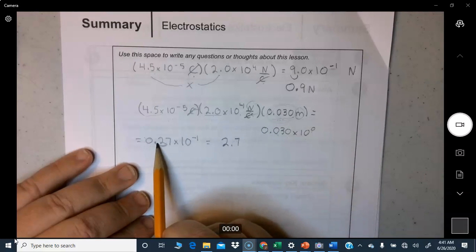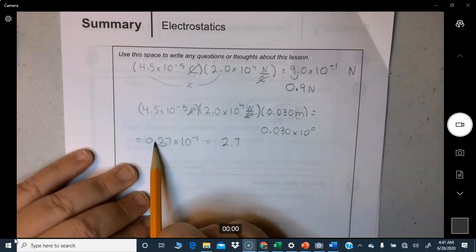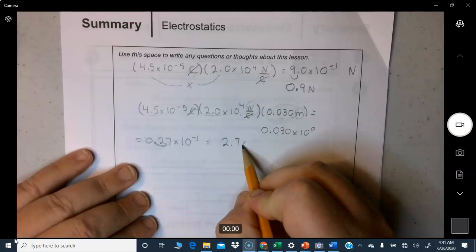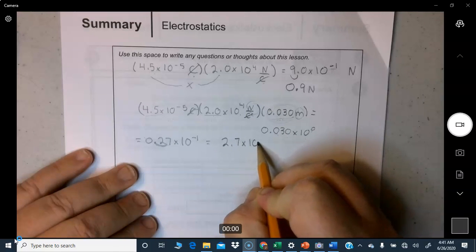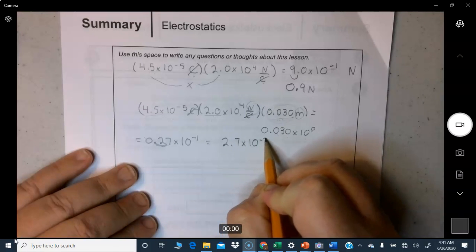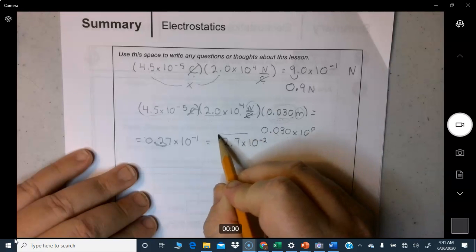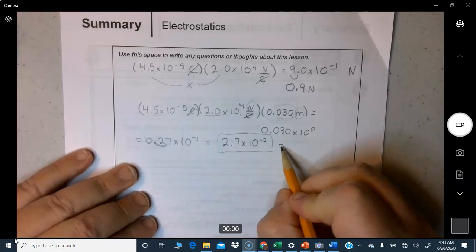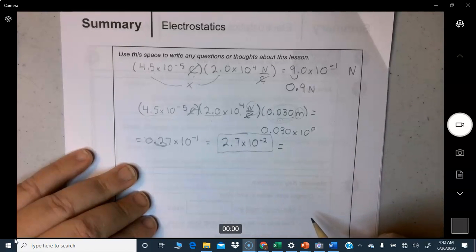And remember, the reasoning from the video that I made is if you make this number bigger, you have to make that number smaller because you don't want to change the value of the number. So that's times 10 to the minus 2. That's one way to write that. The way they do is they go ahead and convert it to a regular decimal number.